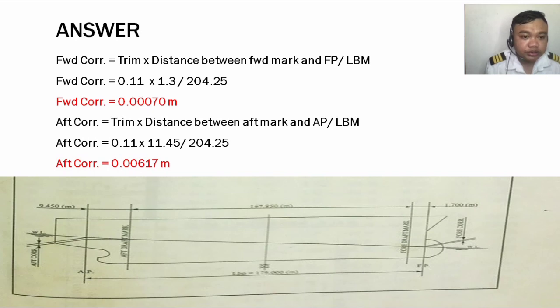So the formula is trim times distance between forward mark and forward perpendicular divided by the LBM.